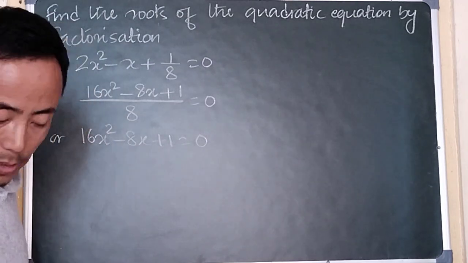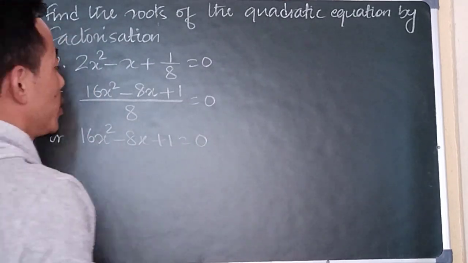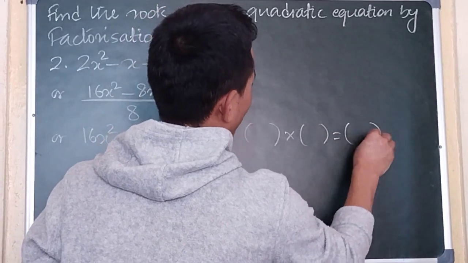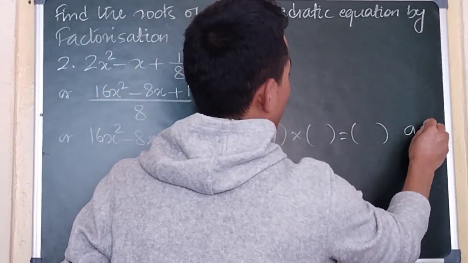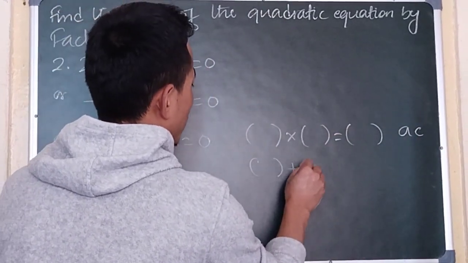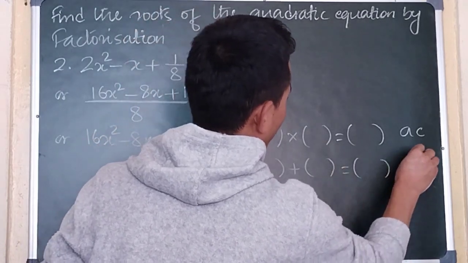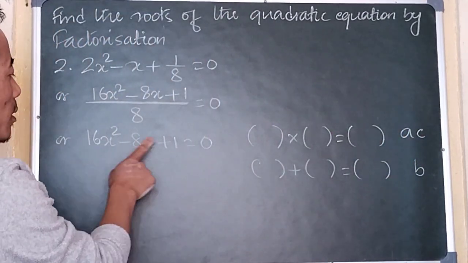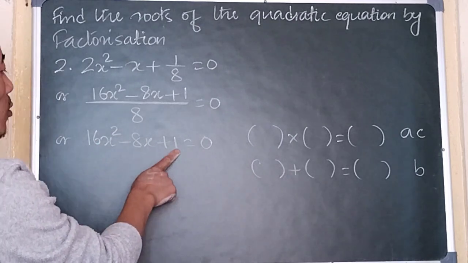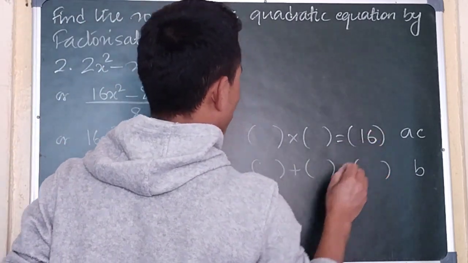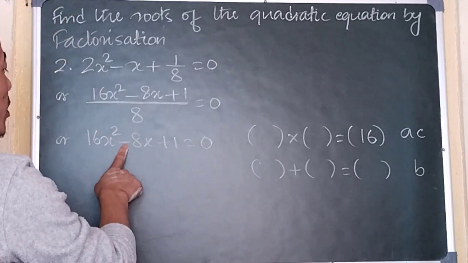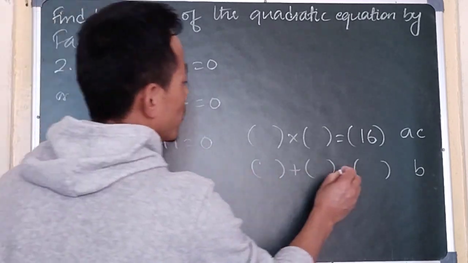In order to break the middle term, again what you have to do, simple step, take the product. The product will be of A and C, and when you add, you should get the value of B here. So here A is 16, C is 1. So 16 into 1 has to be 16 here with a plus sign, and when you add the same digits, you must get the value of B, which is minus 8.